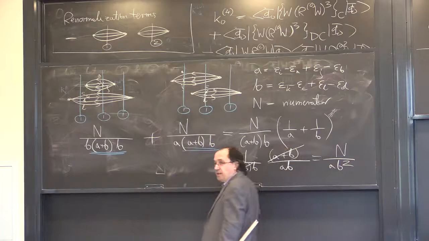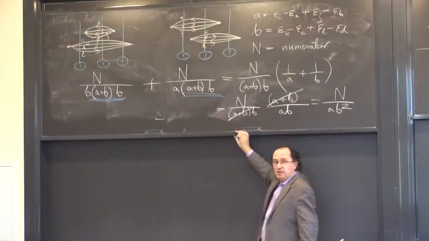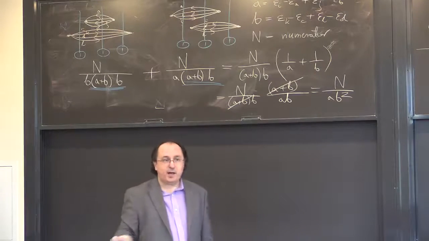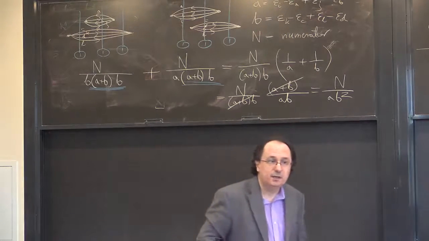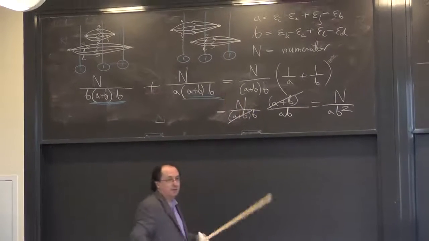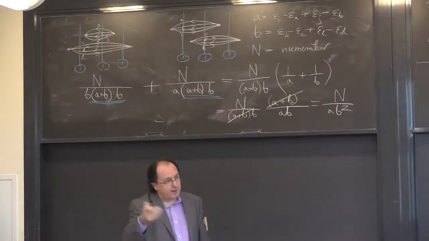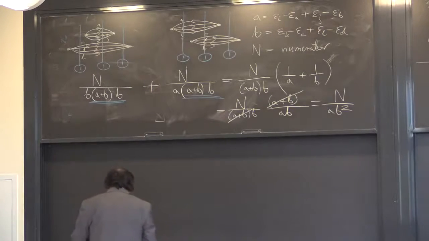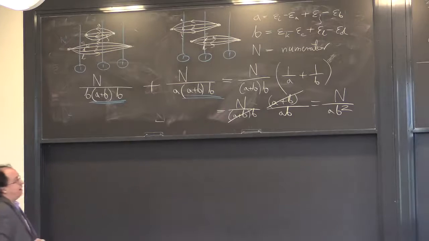So I managed to replace two diagrams with a single expression which has a factorized form of the denominator. Instead of these long denominators, A plus B times and so on, I factorized this whole expression and obtained A B squared. Well, what is the meaning then of this expression?